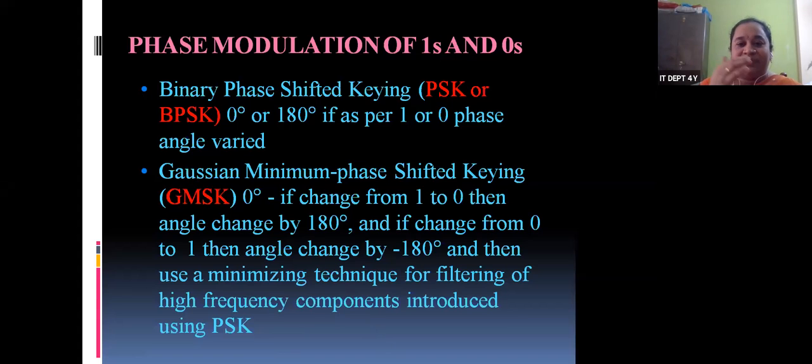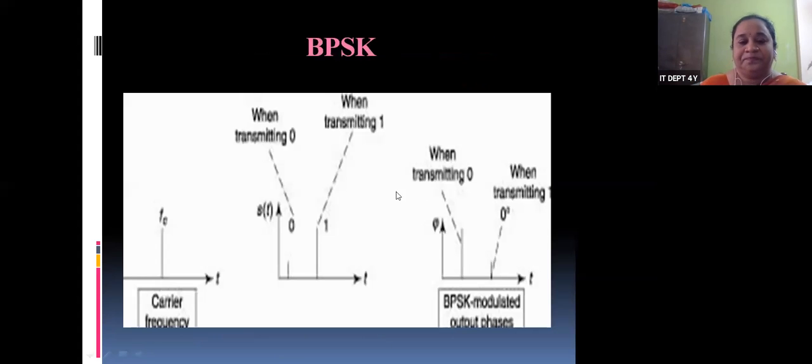That is, not only between 0 to 180 on one side, we also have the negative minus 180. That particular negative 180 can also be represented using GMSK, that is Gaussian minimum phase shift keying. Even if you have only the positive phase angle or the negative phase angle, that can be represented using Gaussian minimum phase shift keying.